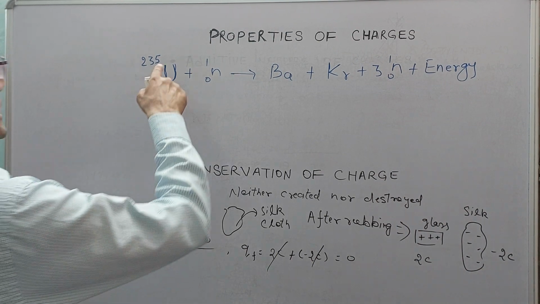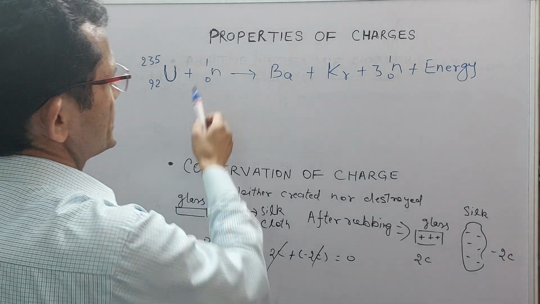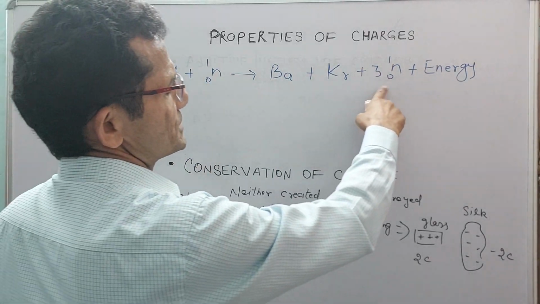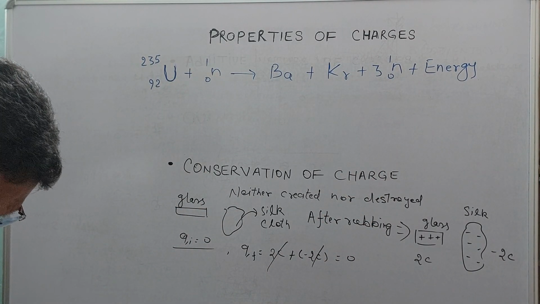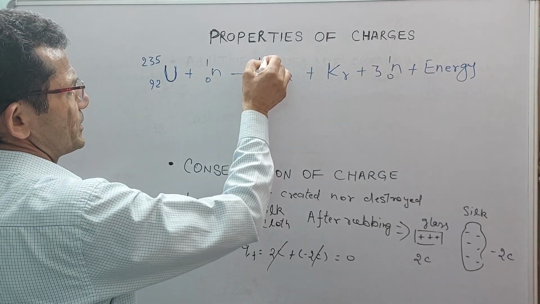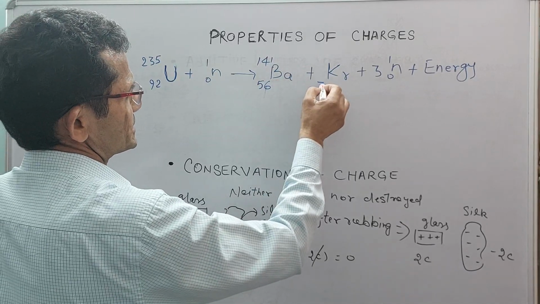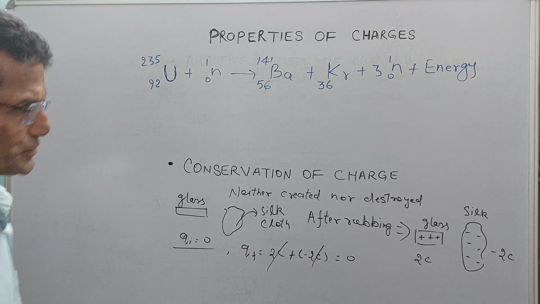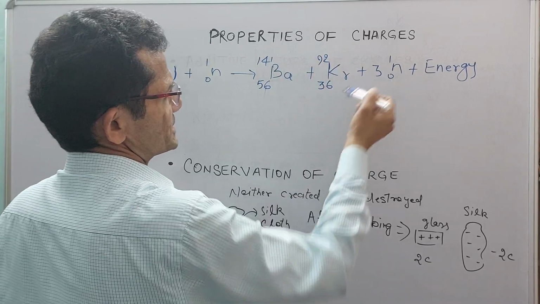So this is our nuclear reaction in which uranium is bombarded with slow moving neutrons. We get barium, krypton, and 3 neutrons plus some amount of energy. Here barium has atomic number 56 and atomic mass 141, and krypton has atomic number 36 and atomic mass 92, plus 3 neutrons.